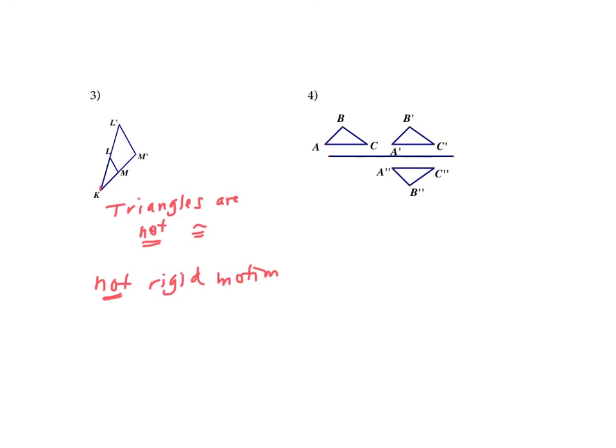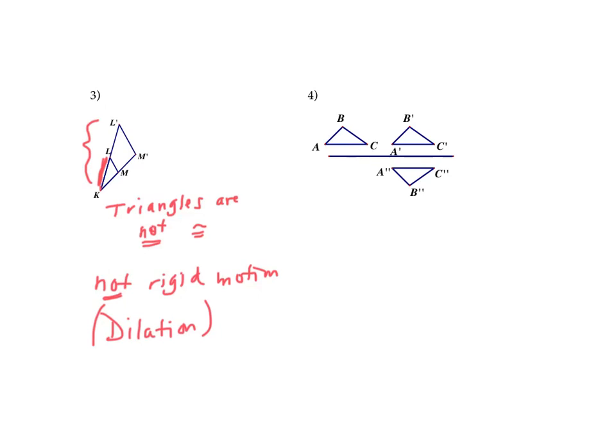All right, so in this case, what we're looking at is a dilation. Okay, so dilations do not preserve length, and that's what's happened here. KL is not congruent to K prime L prime, so distance is not preserved, or length is not preserved. Therefore, it's not a rigid motion.